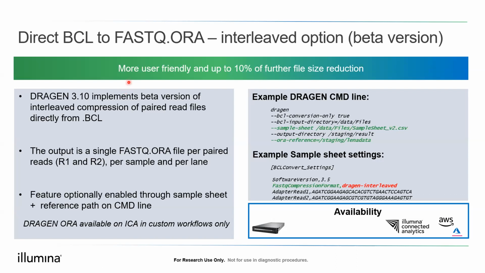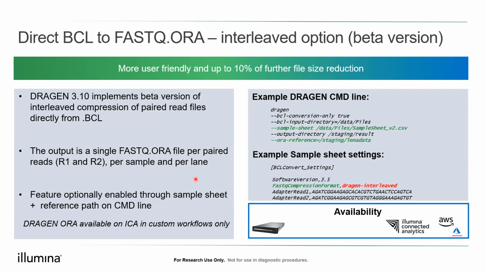In 3.10, we also have an option, again, a beta version in this case, where you can do BCL to FASTQ ORA with an interleaved option. So 3.10 lets you compress interleaved files or paired read files directly from BCL. And the output is a single FASTQ ORA file per paired read per sample per lane.